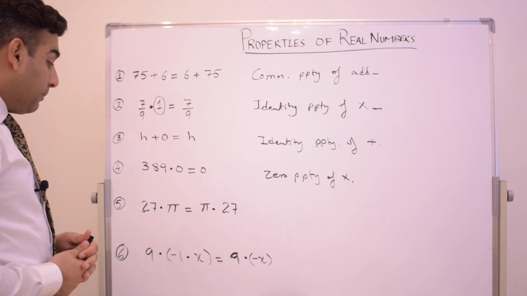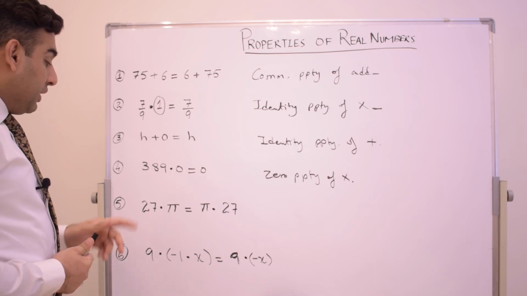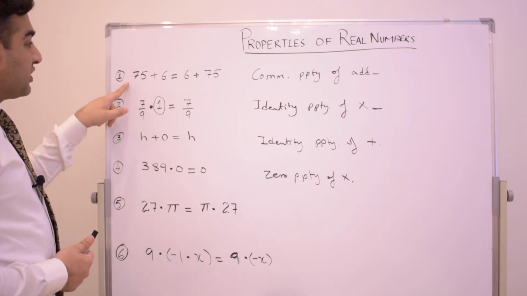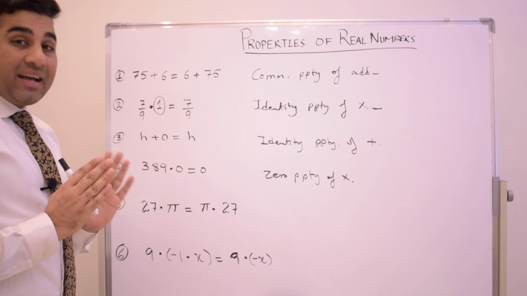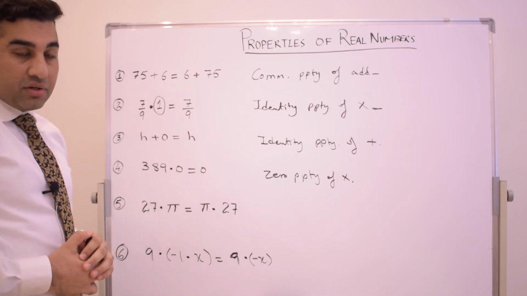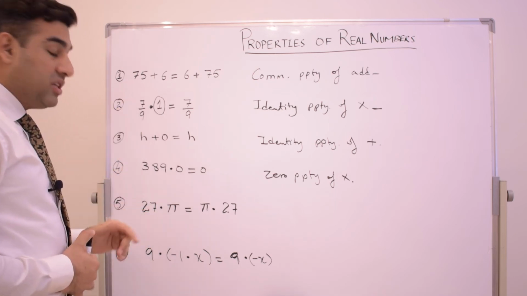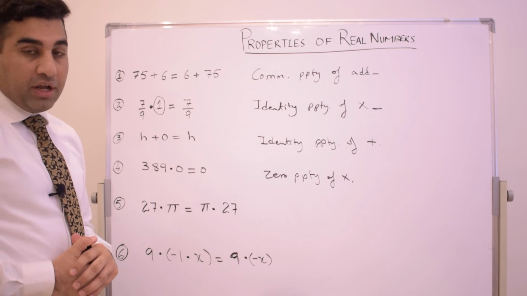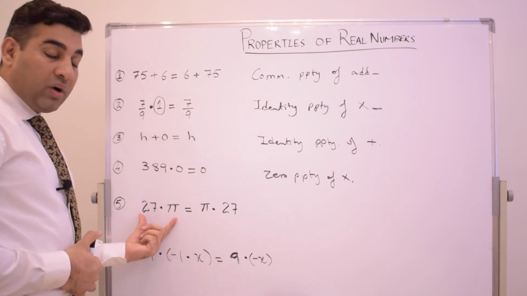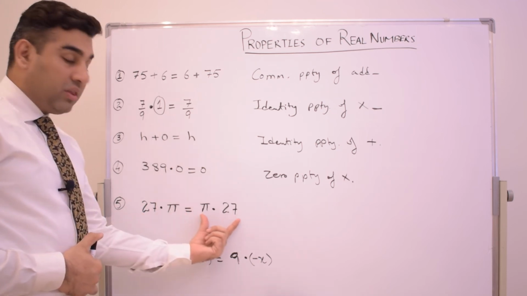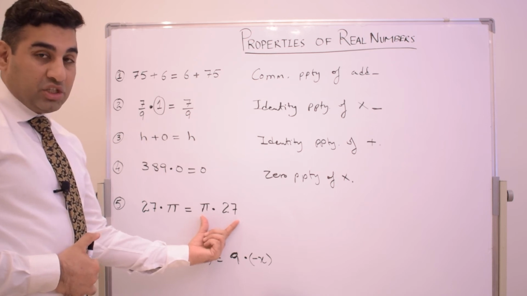Guys, number 5, 27 times pi equals pi times 27. So guys, here you can see the fifth part and the first part are the same, except their operations are different. So both these properties we call commutative property because whatever is written, only the order is being changed.